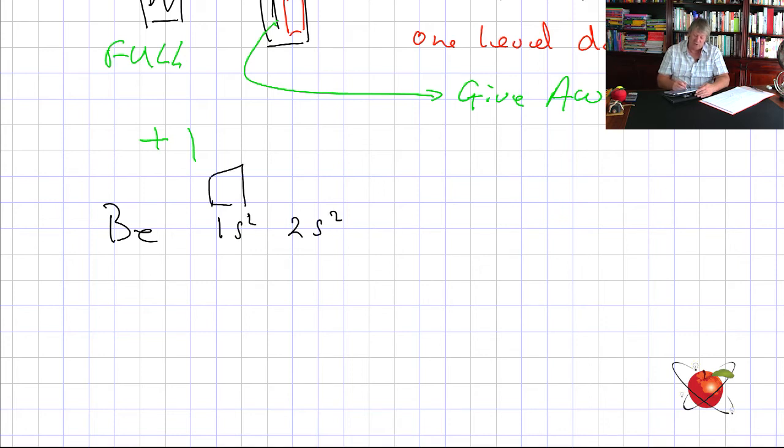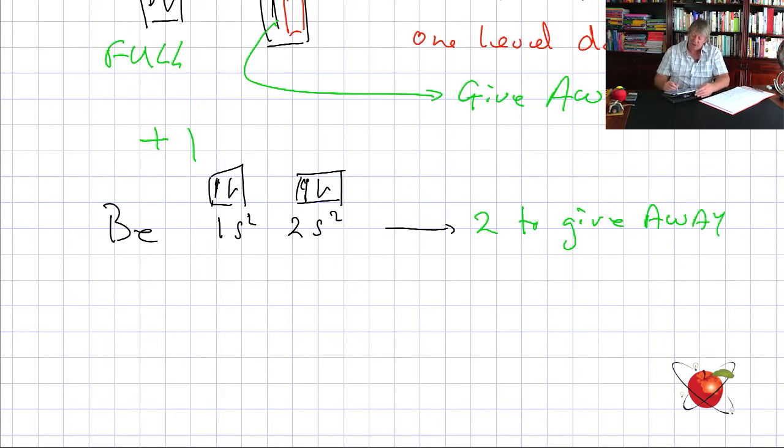Let's just draw it like this. I'm not going to do this every time because obviously it's time. This one, let's use green again, can give away 2. Correct? Which means it's got +2.